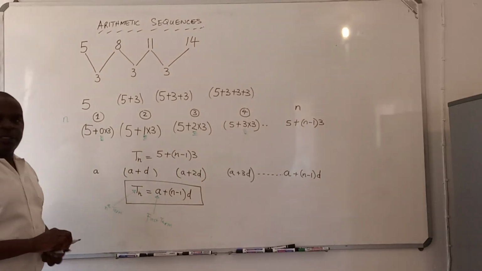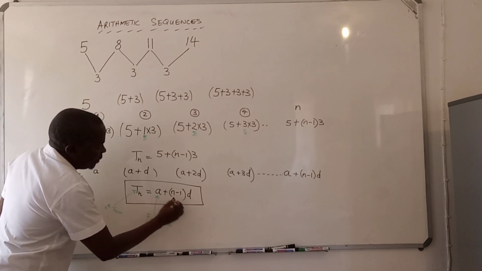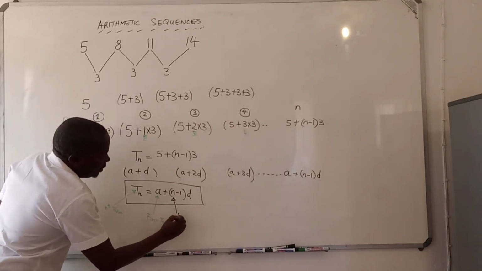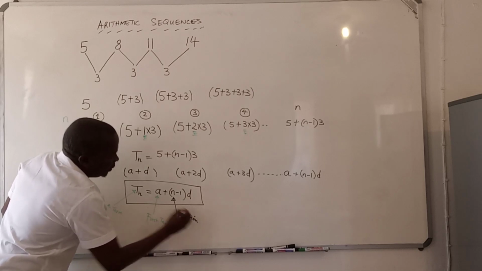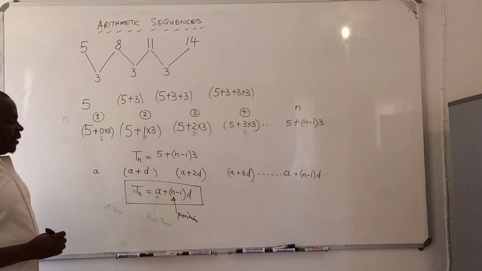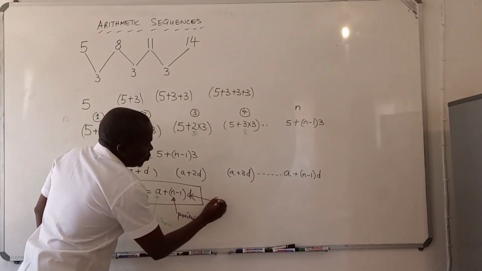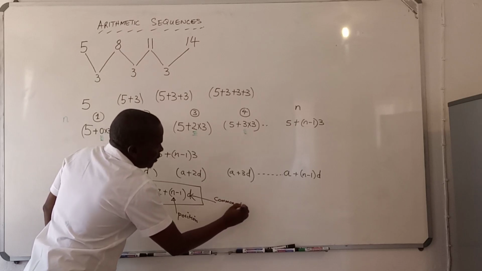A is our first term. n, as you can see, is the position of the term in the sequence. And D is what we call the common difference.